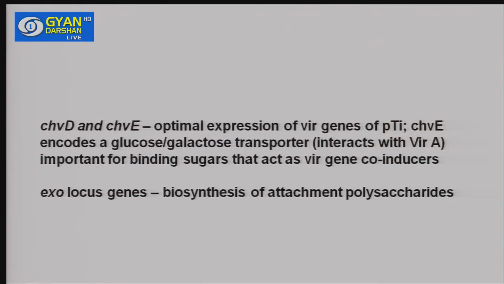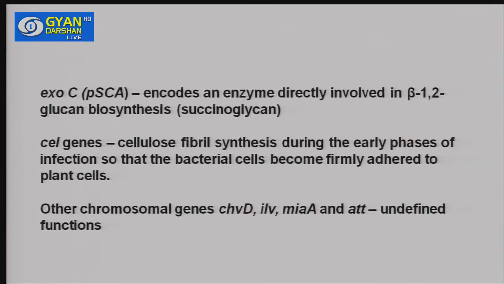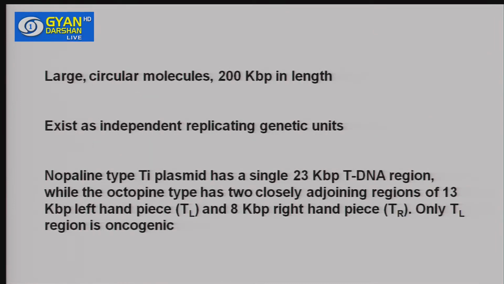In addition, there is an exo locus gene which helps in the biosynthesis of attachment polysaccharides. So in a nutshell, the attachment of the Agrobacterium to the infected cell or to the wounded site is mediated by a cluster of chromosomal genes.